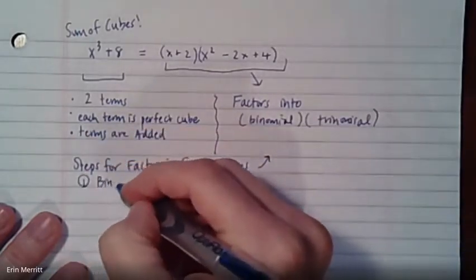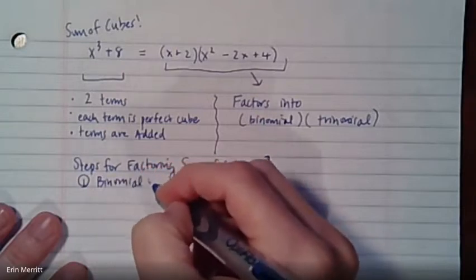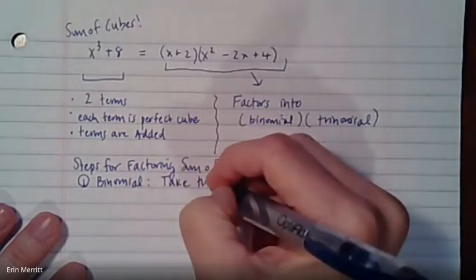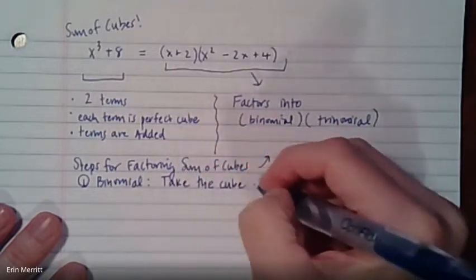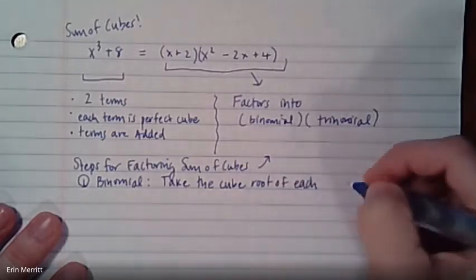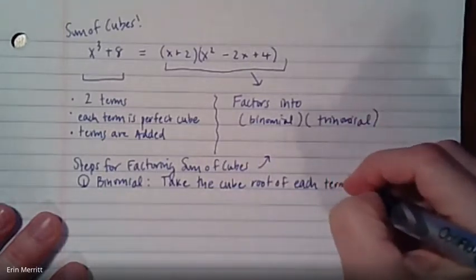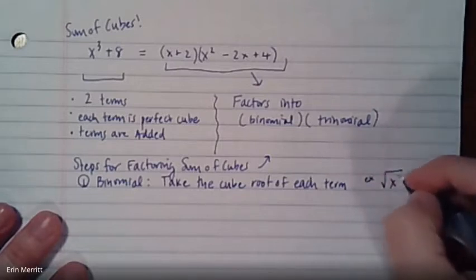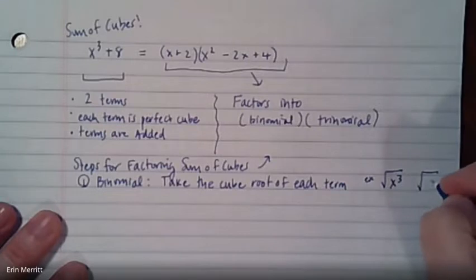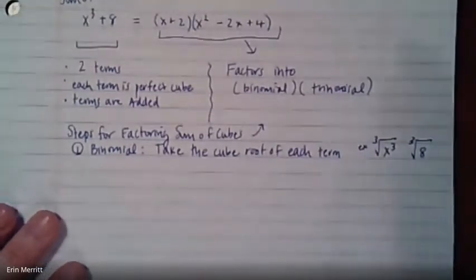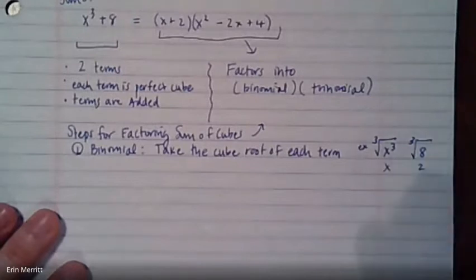For the binomial, what we're going to do is take the cube root of each term. All right. And so in this case, that would be the cube root of the x cubed and the cube root of 8. And so make sure to put the little cubes up there. All right. That came out to be x. That came out to be 2.